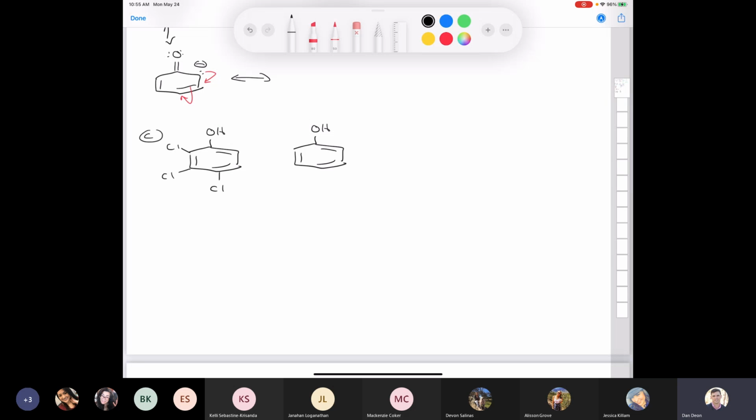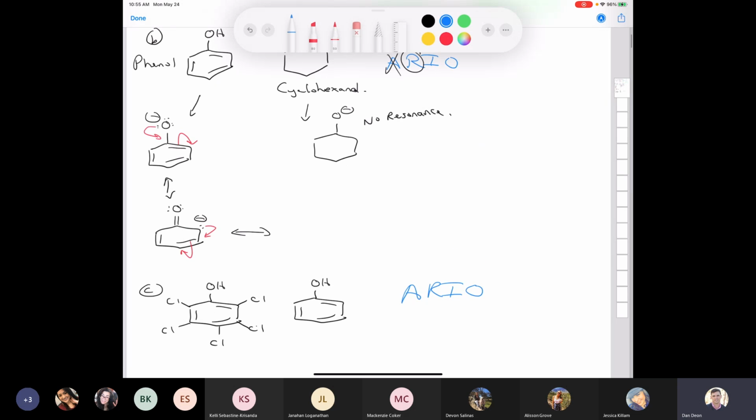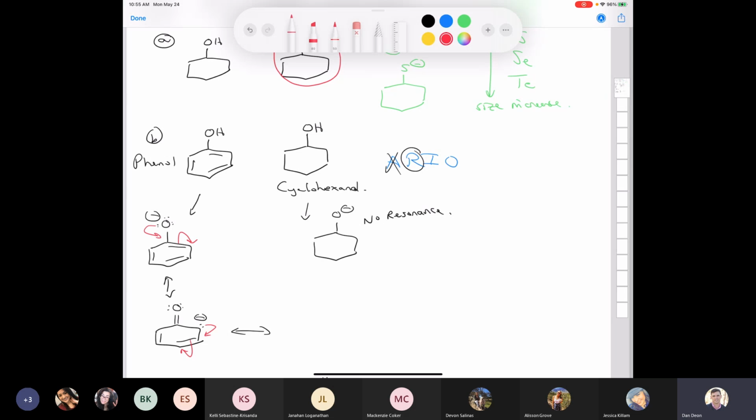So this would be what, 2, 3, 4, 5, 6. Pentachlorophenol is what that compound would be called. Anyhow, so we have these two. Could anybody tell me? Well, I guess you could probably figure this one out based on ARIO, right? If we think about the conjugate base that would be formed in each one of these cases, and maybe I should have circled this one here.